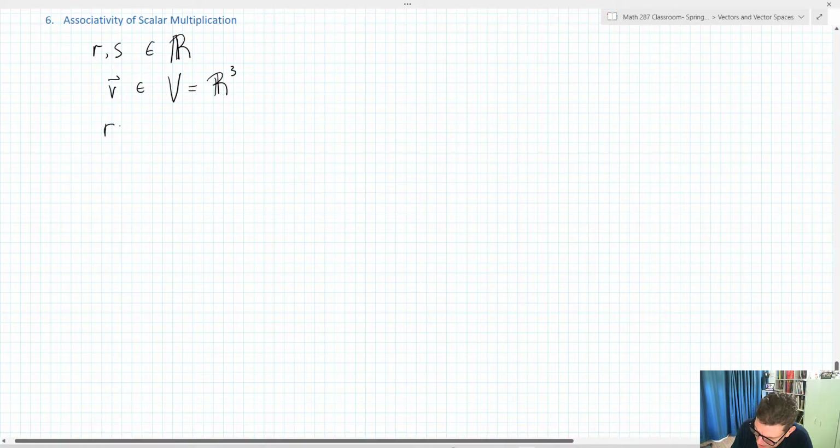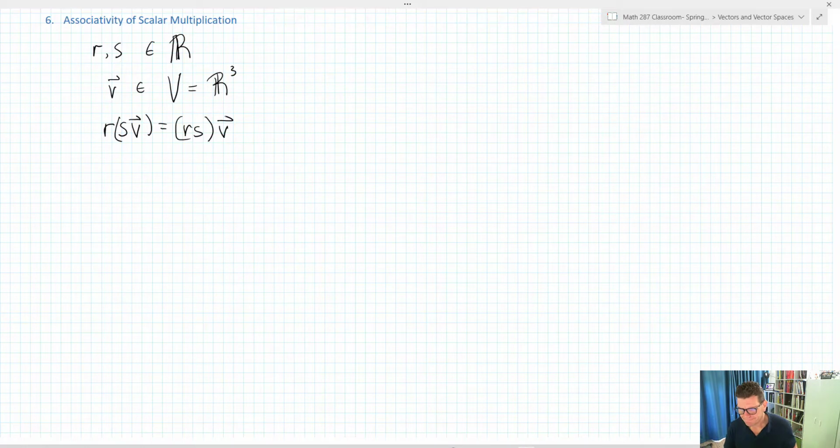So r(sv) is going to equal (rs) times v. What that means is that I can multiply the vector by a scalar and then multiply by another scalar, and that's the same thing as if I multiplied r times s and then multiplied it by v.